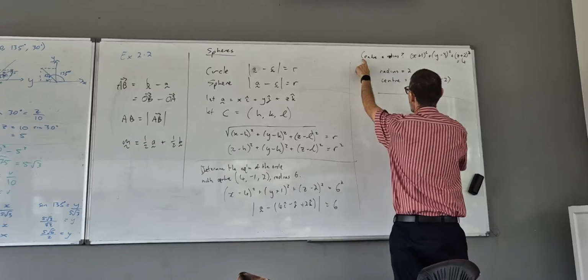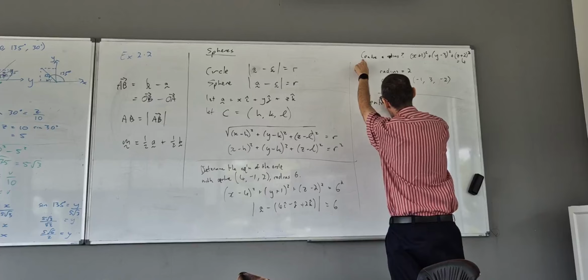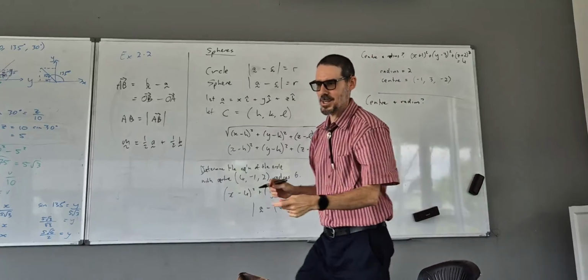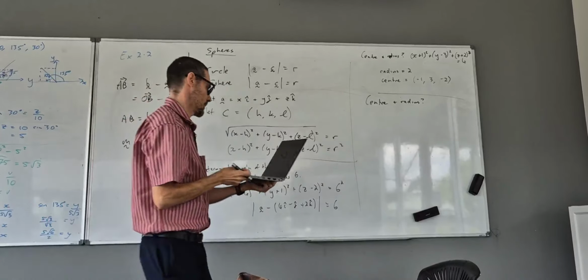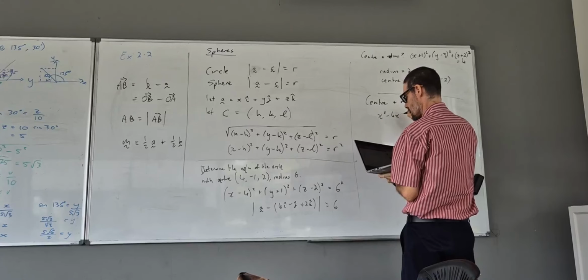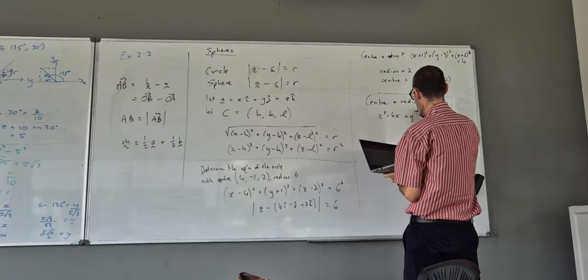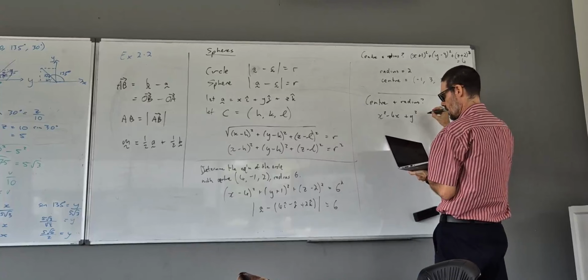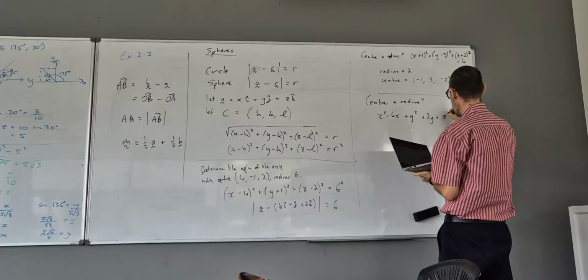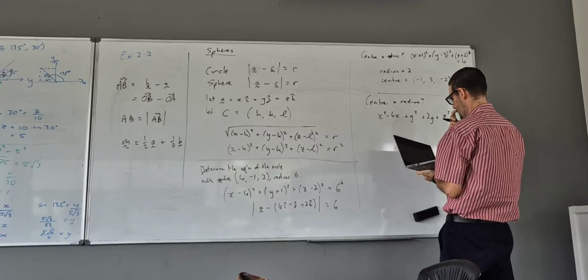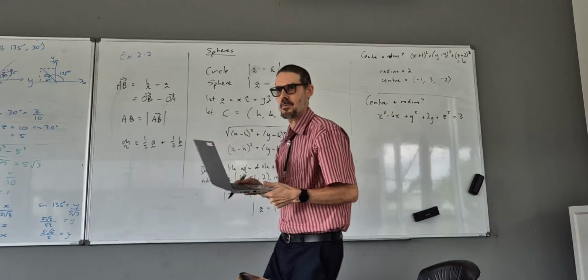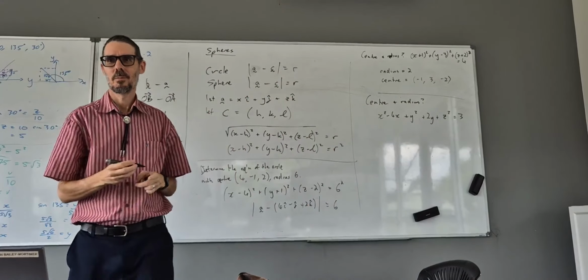So let's try again. Your goal is the centre and radius. And your equation is x² − 4x + y² + 2y + z² = 3.